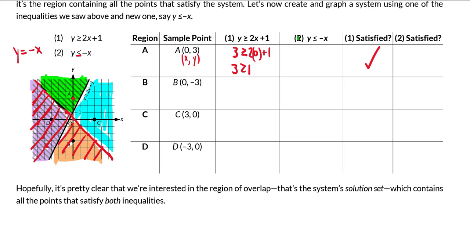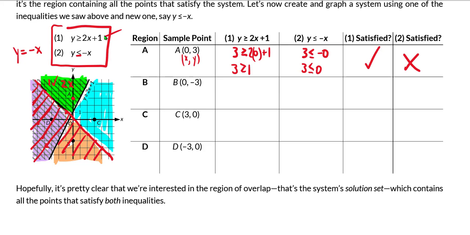But for inequality 2, when 3 and 0 go in, we get 3 is less than or equal to -0, which is just 0. 3 is less than or equal to 0. That is not true. So in this region up here, we have inequality 1 satisfied, but inequality 2 not satisfied, which means that point A and all of the points in region A are not part of the solution set of this system.